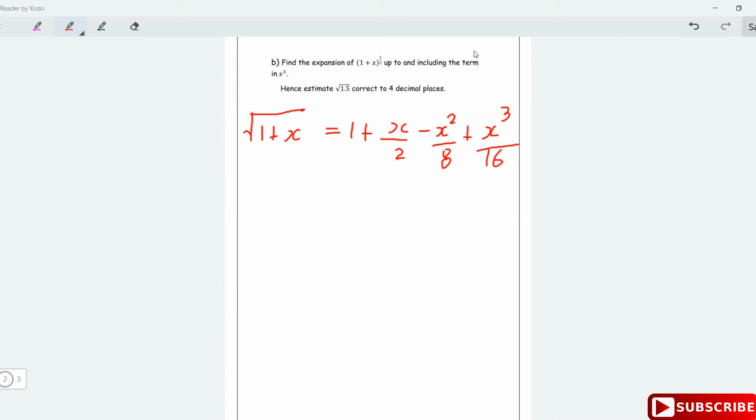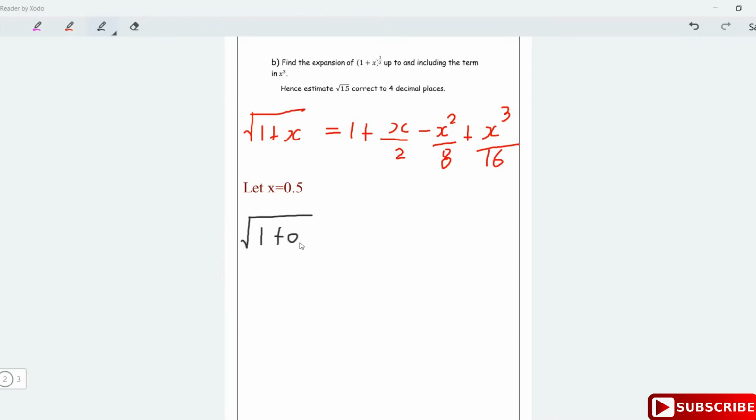Now, in order to get 1.5, we're going to have to let x equal 0.5. Because if we let x equal 0.5, what you're going to get is the square root of 1 plus 0.5, which is of course your 1.5.